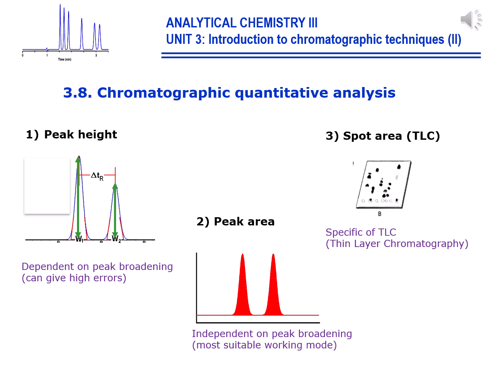The third is the spot area analysis. This is a specific quantification for planar chromatography. It's based on the integration of the whole spot area caused by a compound that has migrated along the layer or coating, similarly to how we integrated the peak area in the second quantification mode explained before.